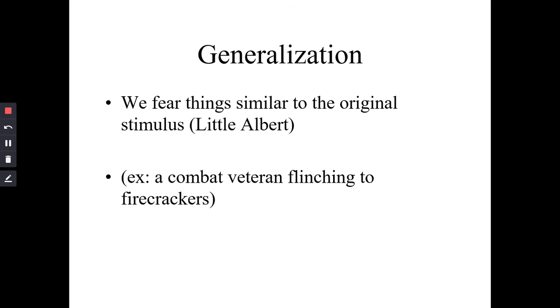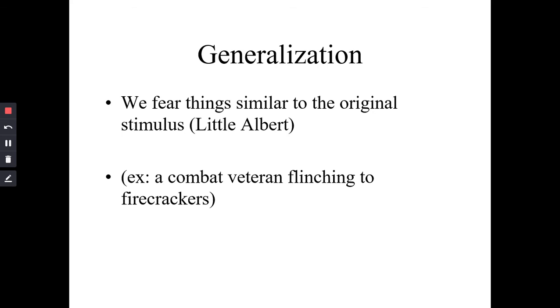Generalization. So I hope by now, and I expect you to have learned about the little Albert experiment. The little baby Albert was trained to be afraid of the white rat. But then what happened? Little Albert became afraid of all furry things, all things that are similar. Little baby Albert became afraid of Santa Claus's beard and all furry things, not just the rat.